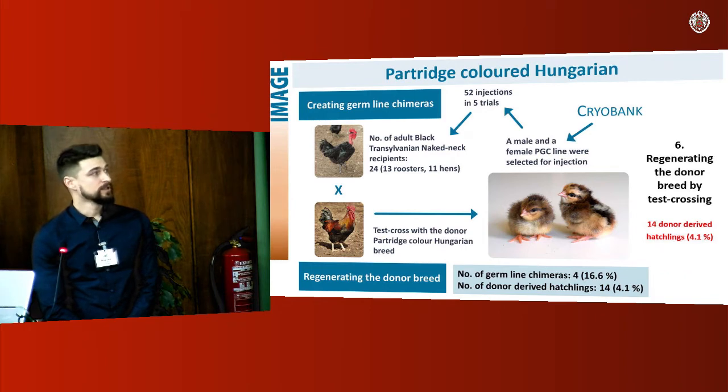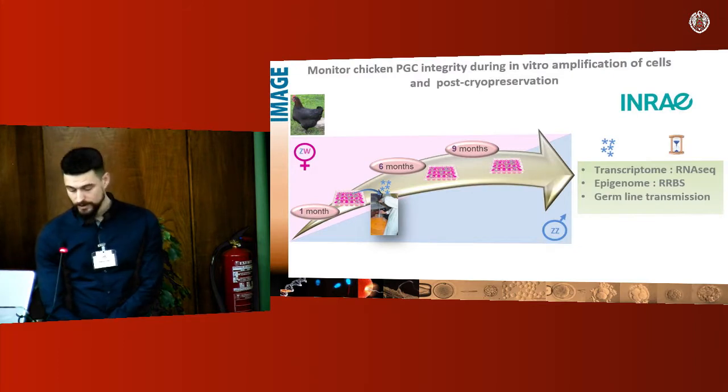And after that, we did the back crossing with the donor breed, and at the end of the process, we got 14 donor-derived hatchlings, which is around 4%. And we could prove in 4 cases that these black Transylvanian naked necks are truly germline chimeras, which is around 16%. And that was me. Thank you.